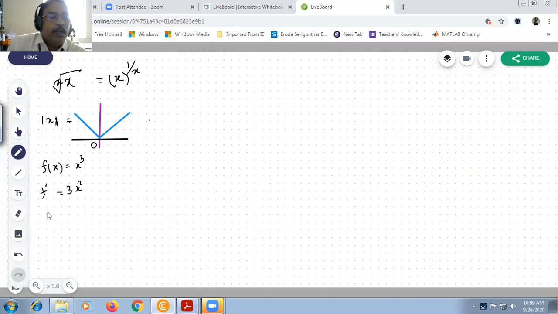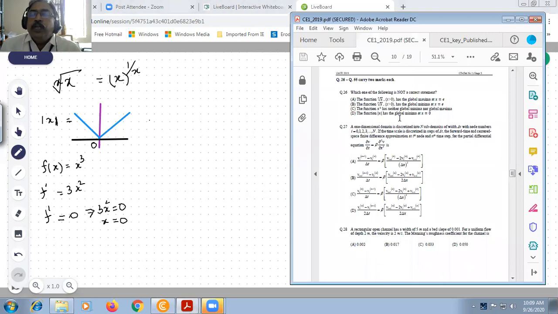For maxima and minima, f dash equal to 0. f dash equal to 0 implies 3x square is equal to 0, so x is equal to 0. So this point is also ruled out. So neither global maxima nor global minima at x equal to 0.